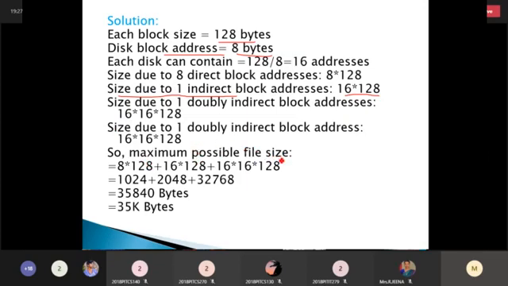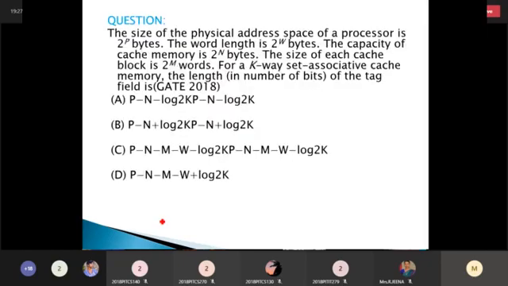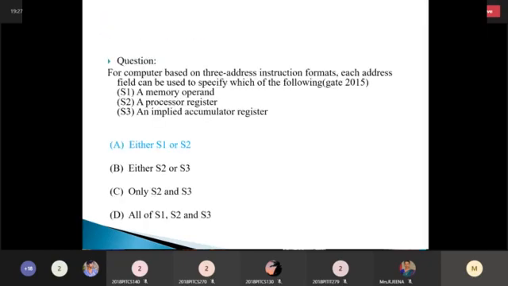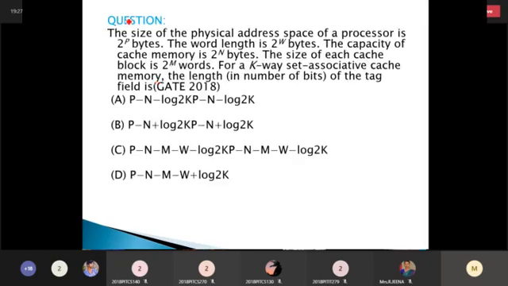So the maximum possible file size, I am going to add everything: 8 into 128, 16 into 128, and 16 into 16 into 128. Lastly, we get 35,840, so 35 kilobytes. Okay.